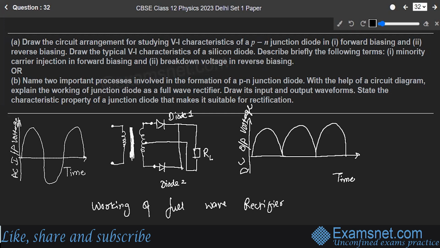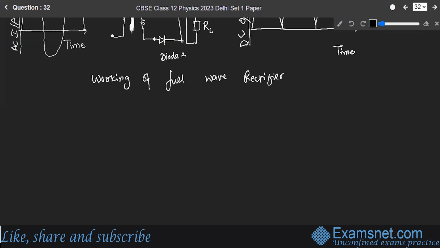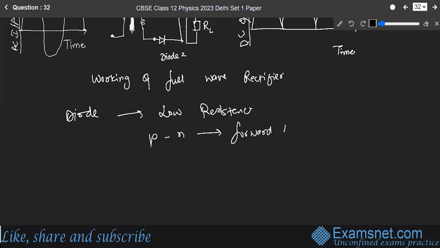The diode provides low resistance when the PN junction is forward biased, and high resistance when it's reverse biased.